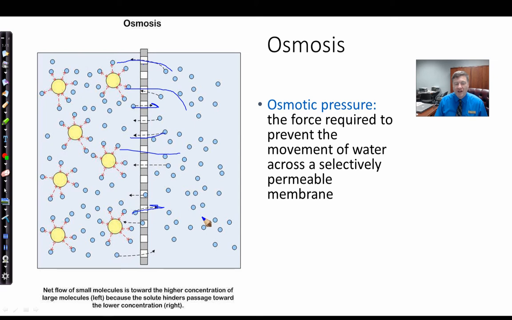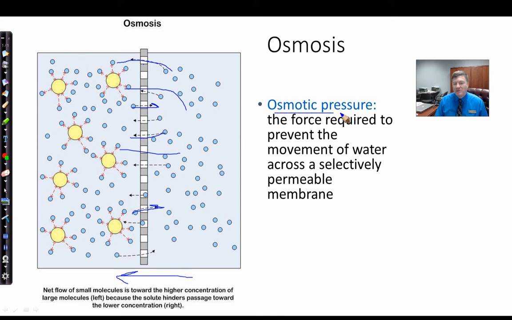So over time, we're going to see more water flowing. The net direction of water movement is going to be that way because water is moving from a higher to a lower water concentration, or from a lower to higher solute concentration. So that is, again, the difference with osmosis. Solute is not moving because of the membrane.